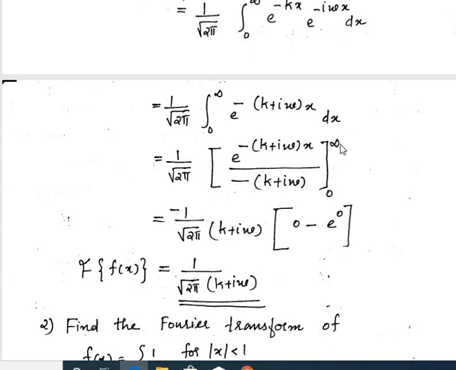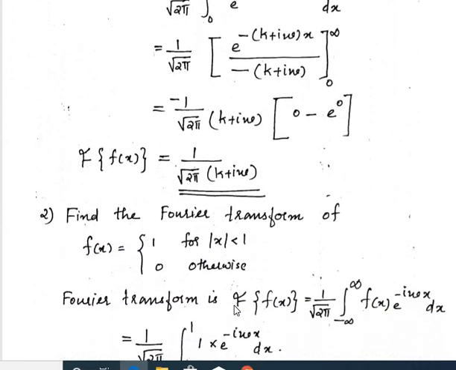When we apply the upper limit infinity, e raised to minus infinity is 0, and e raised to 0 is 1. We can take the 1 by minus (k plus i omega) outside the bracket. So the answer is 1 by root 2 pi, the minus minus gives plus, e raised to 0 is 1, so 1 by root 2 pi times 1 by (k plus i omega).